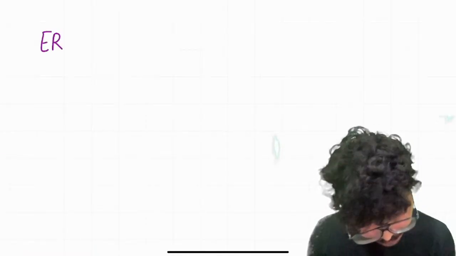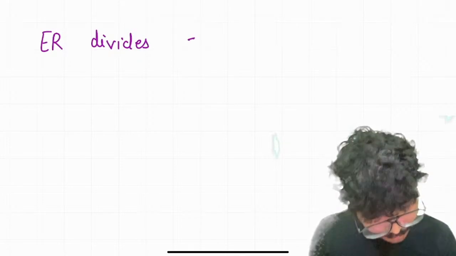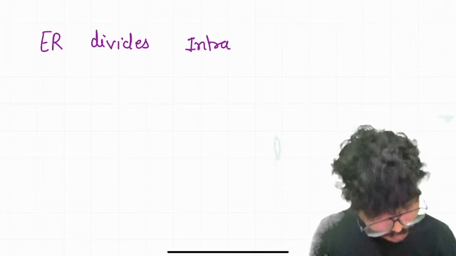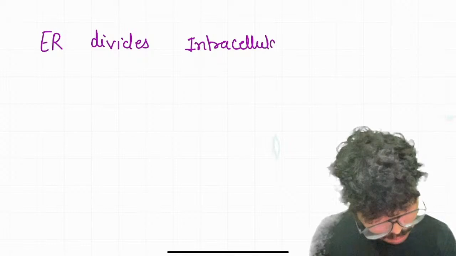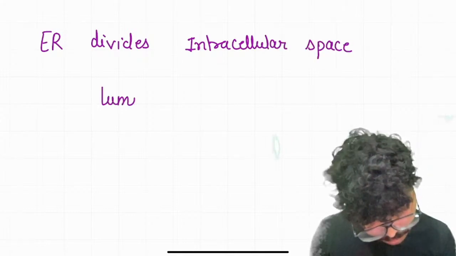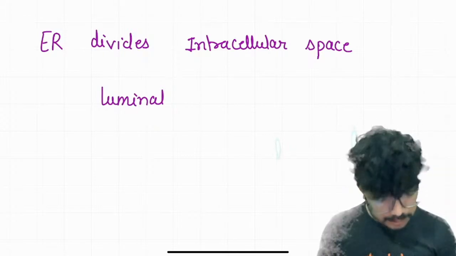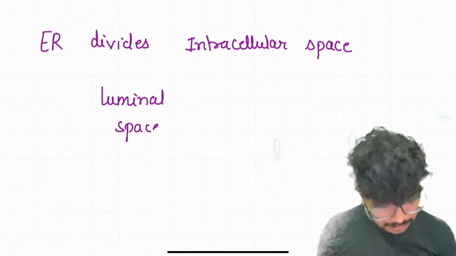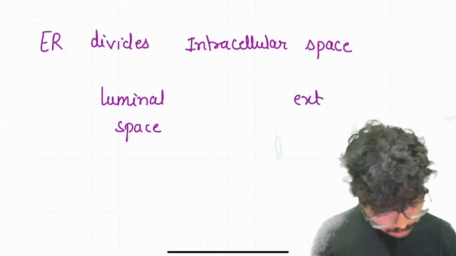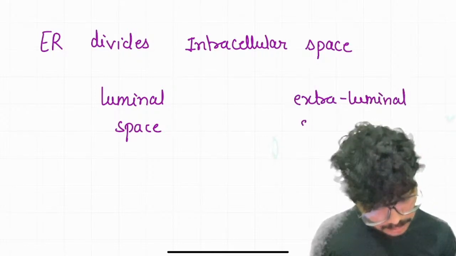ER divides intracellular space into luminal space, that is inside the channels, inside the ER, the space that is inside the pipeline, and extraluminal space.